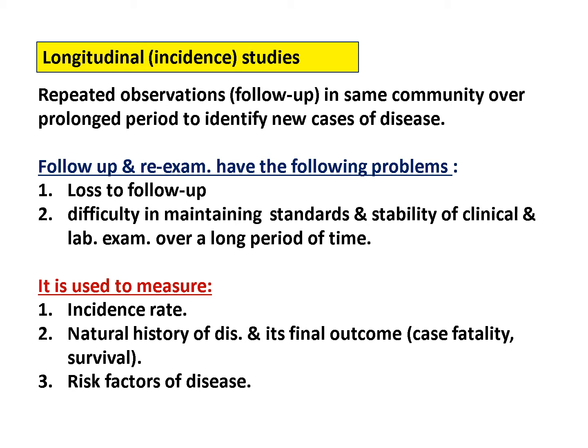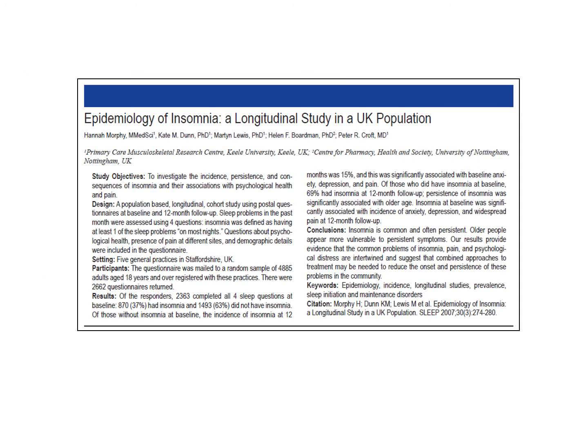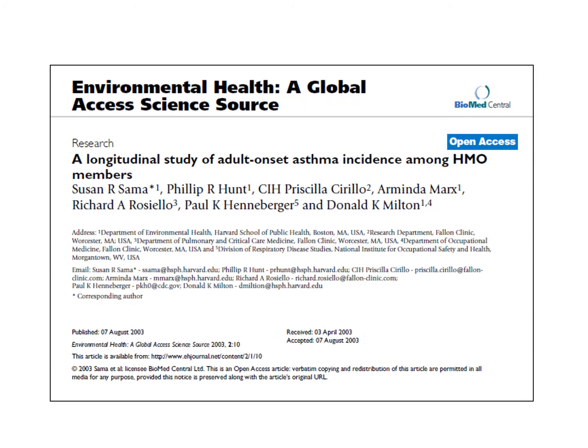Like the epidemiology of insomnia, it is a longitudinal study of the UK population. They followed a certain group for a long period of time, and they examined them more than one time, and from this examination they tried to find out the epidemiology of insomnia. Another example.